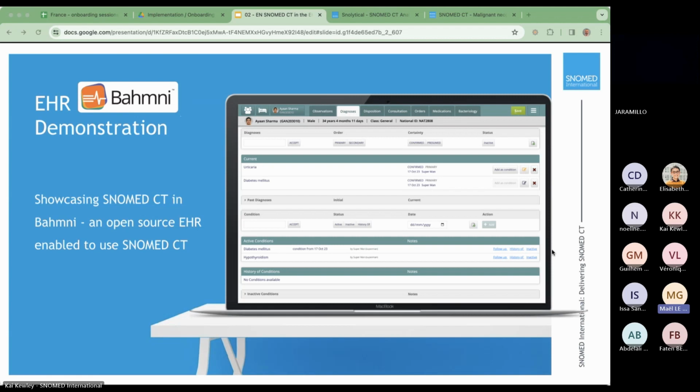We started with implementing best practice data capture to get some high quality data structured. And we built upon this to develop some valuable features, including some clinical decision support rules for drugs, and also some interoperability and data analytics capabilities. I'm going to run a short video to show this.